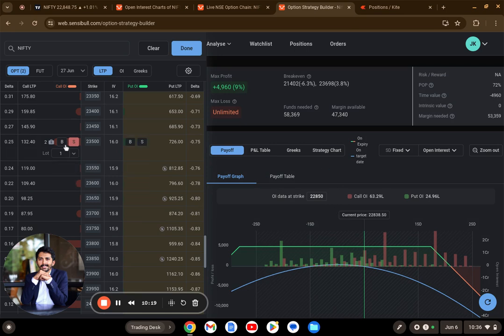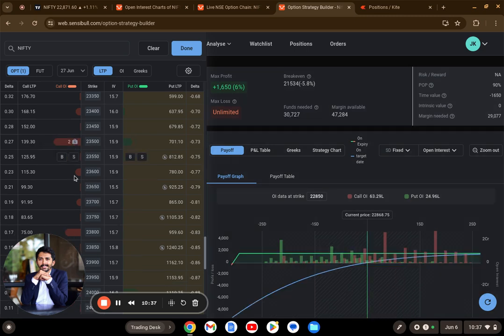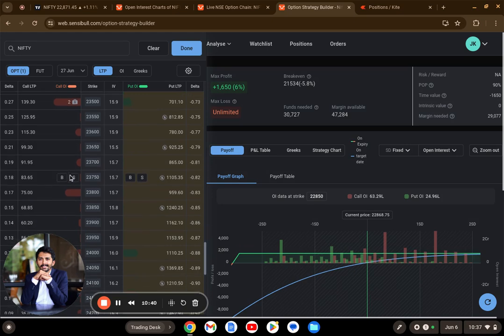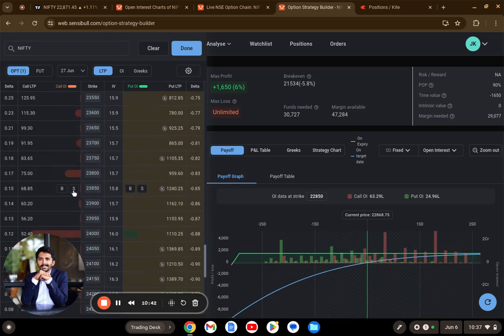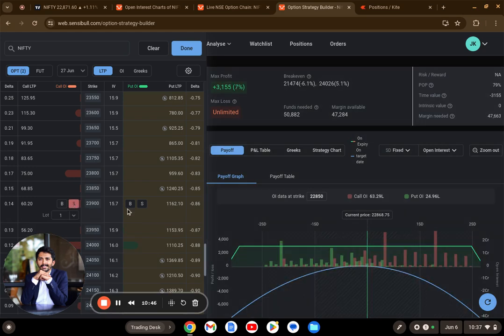Still, it will be a little bit close on the top side. I would not take 23,500 over here because it's just 3.6 percent from where the market is right now. So I'd go somewhere in the region close to 23,900.